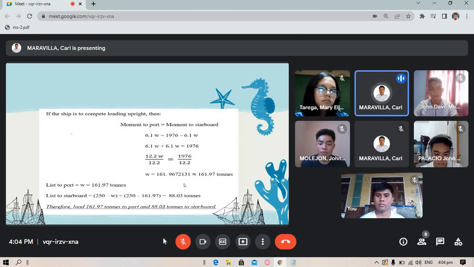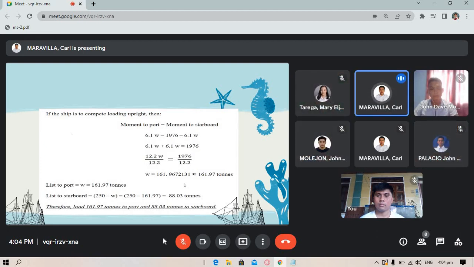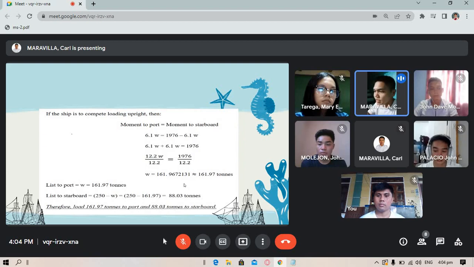So 6.1 W plus 6.1 W is equal to 1976. Then we divide both sides by 12.2. Now the value of W is equal to 161.967231, or we can round that off to 161.97 tons.